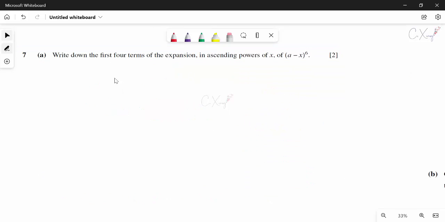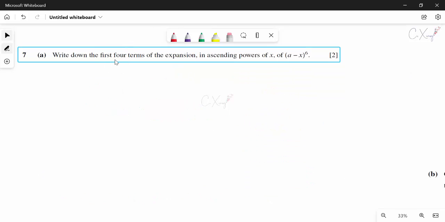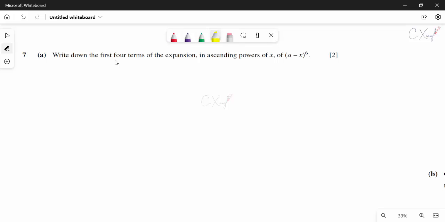Okay, so for question number 7, they want us to write down the first four terms for the expansion of this bracket, (a minus x) power 6. First four terms means that we start from the term 6C0, a power 6, negative x power 0.